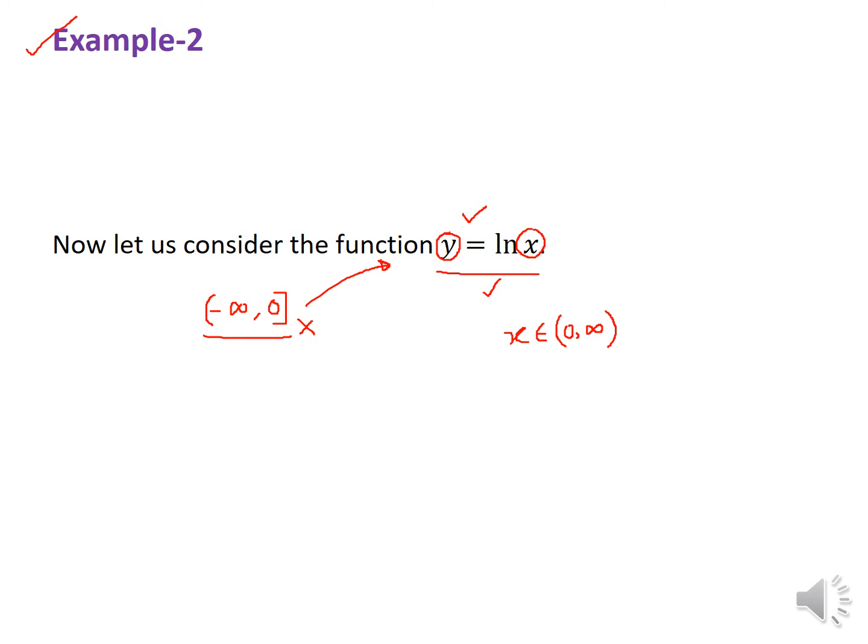So for this region, the domain of y equal to ln x will be the set of all positive real numbers, and this can be written as 0 to infinity. So the domain for our function y equal to ln x will be 0 to infinity excluding 0, as for any positive values of x, the function y equal to ln x will be defined.